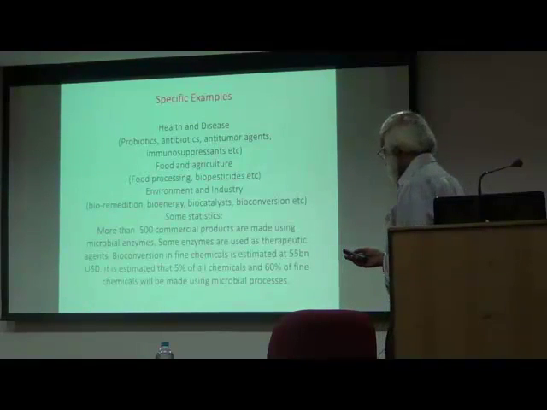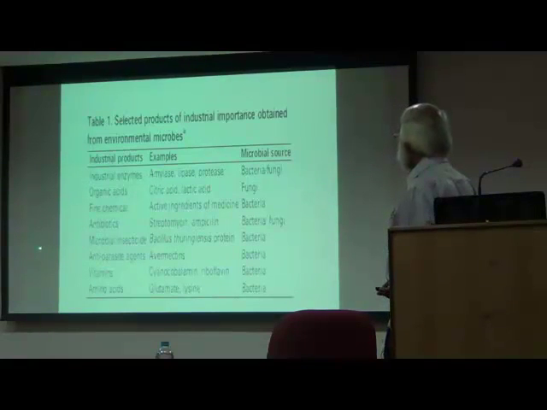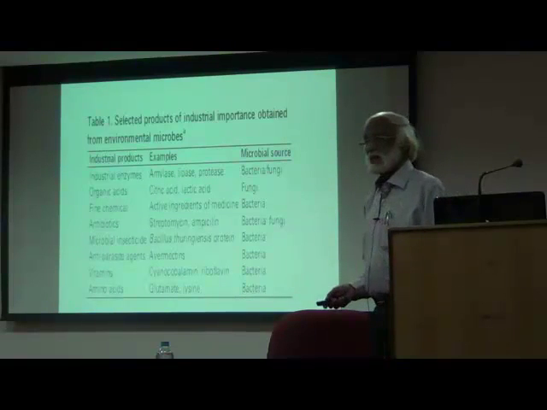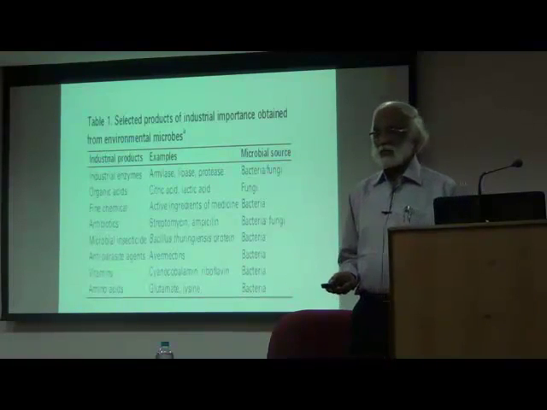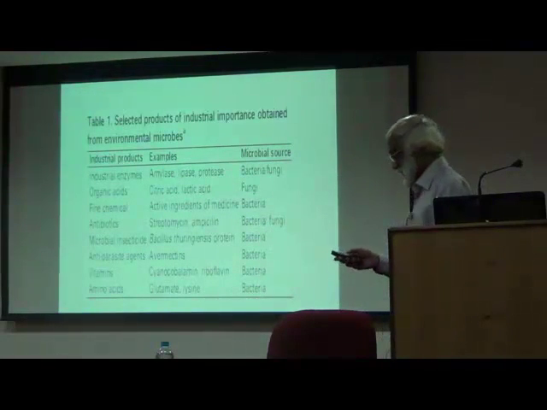So the potential for application is huge. A few examples: industrial enzymes, organic acids, fine chemicals, antibiotics, microbial insecticides, anti-parasite agents, vitamins, amino acids. This is just the tip of the iceberg. So many products come from microorganisms which probably we are not aware of.